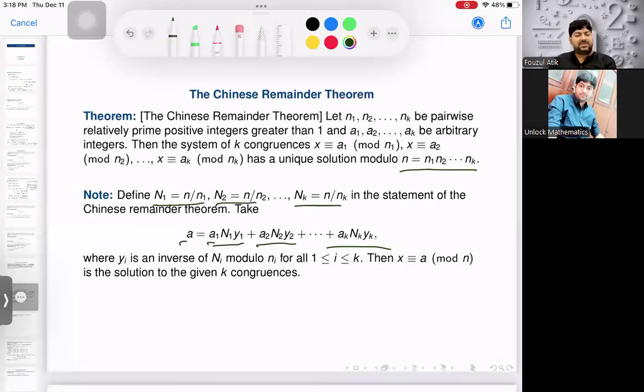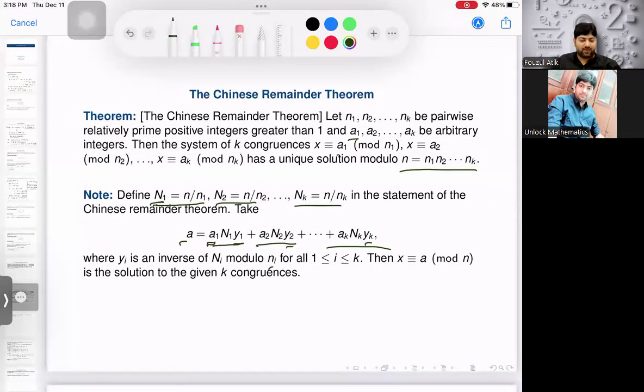Here a1 is already there in our congruence, some arbitrary number, and N1 is already defined. What is not defined are y1, y2, y3. But what is y1? y1 is the inverse of capital N1 modulo small n1.